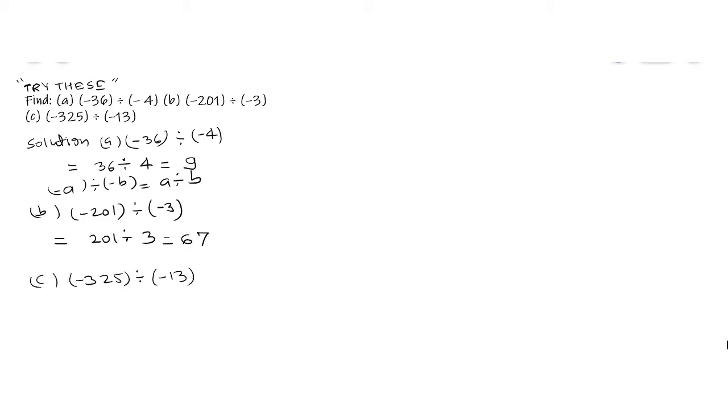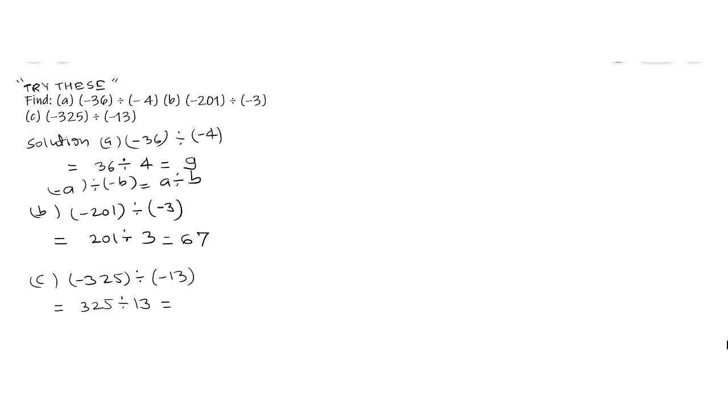Part C, minus 325 divided by minus 13. This can be written as 325 divided by 13, and on dividing 325 by 13 we take 32 first and divide it by 13.